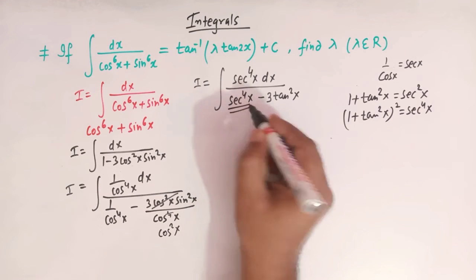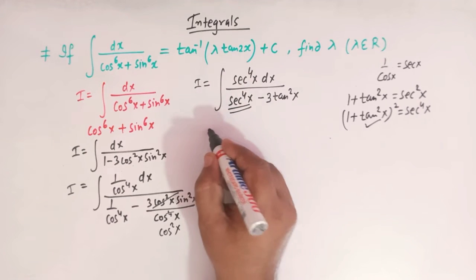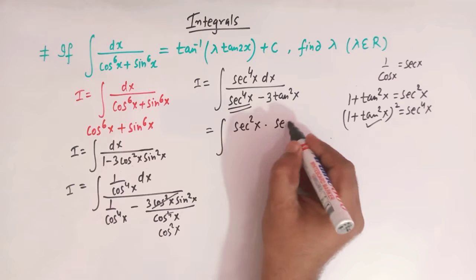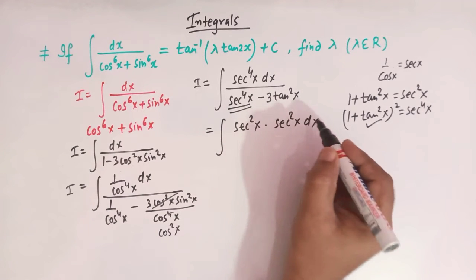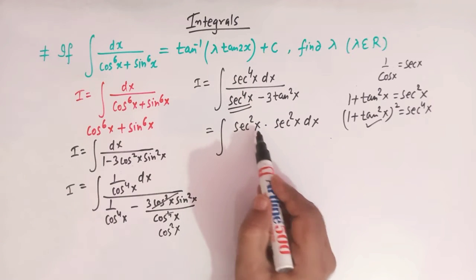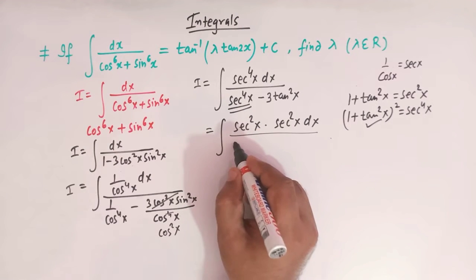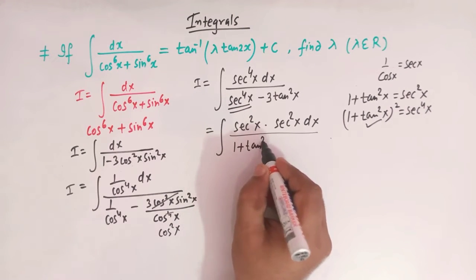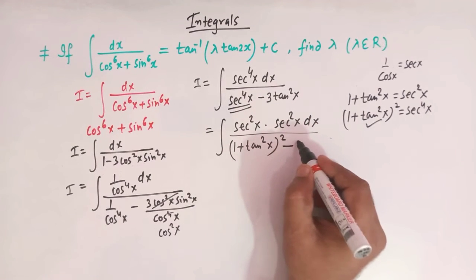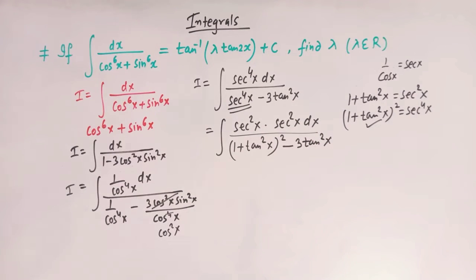So we'll substitute this value, and sec raised to 4x can be written as secant square x times secant square x dx. So we split sec raised to 4x as sec square x times sec square x, and in the denominator we have 1 plus tan square x whole square minus 3 tan square x.